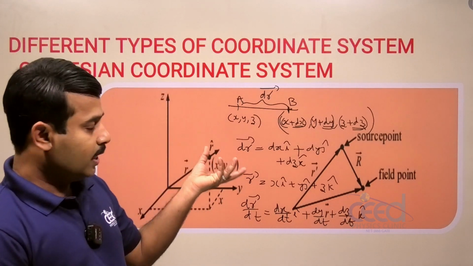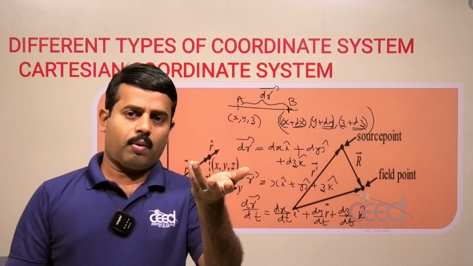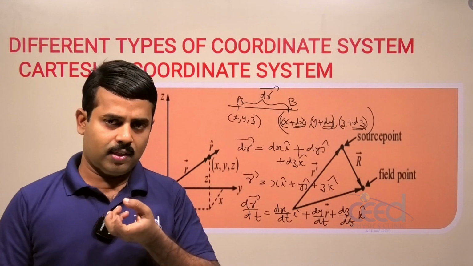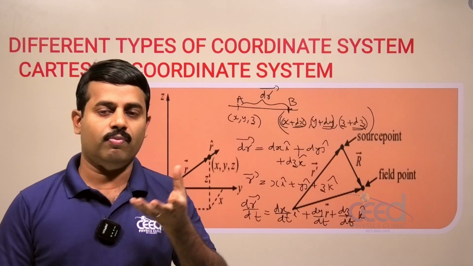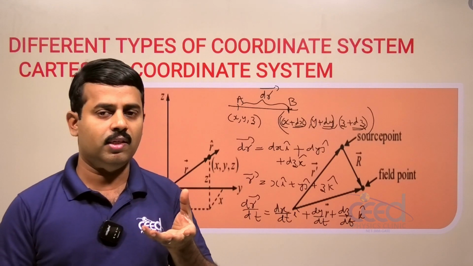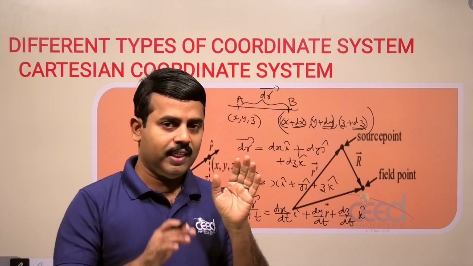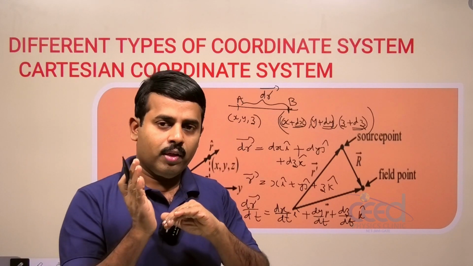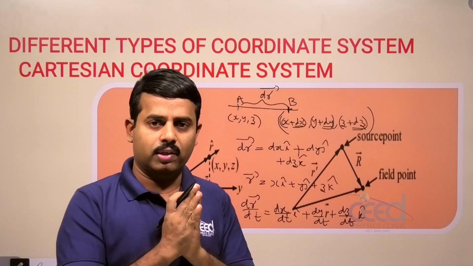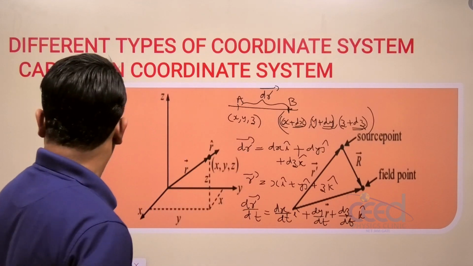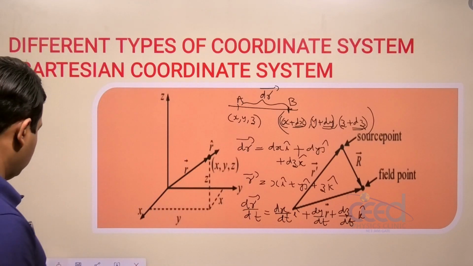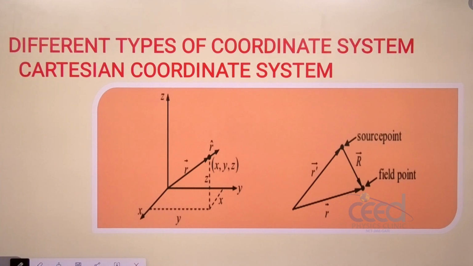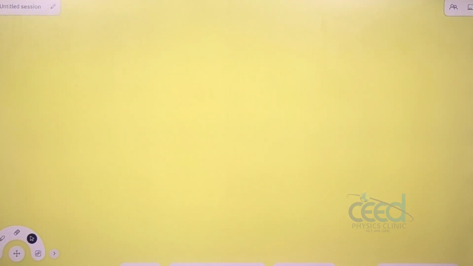So in the Cartesian coordinate system, that is how we represent a position vector and an infinitesimal position vector dr. Now how do we represent area and volume? That is very important. So look here, now let us go to this.